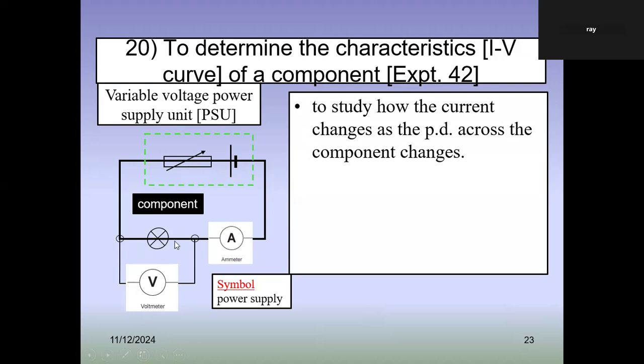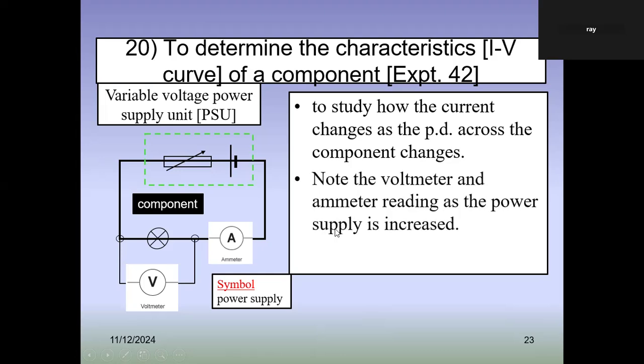We can measure the PD across a component by a voltmeter and the current flowing through the component by the ammeter. Note the voltmeter and ammeter readings as the power supply is increased, and plot a graph of I versus V.